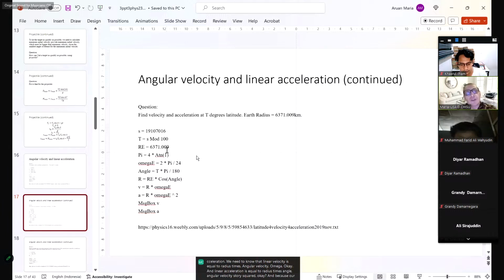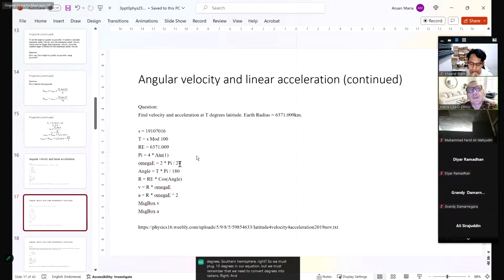And because our latitude is t degrees, for example, 15 degrees, then we must multiply our Earth's radius by cosine of this angle of the latitude. So, for example, here in Jakarta, our latitude is, for example, 10 degrees southern hemisphere, right? So we must plug 10 degrees in our equation, but we must remember that we need to convert degrees into radians, right?